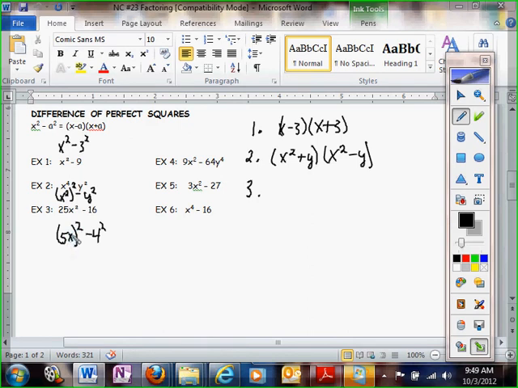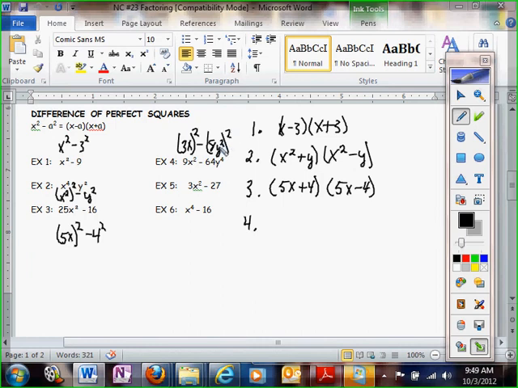So that gets me the 25x squared. But when I rewrite it, I can easily see that my answer is 5x plus 4 and 5x minus 4.